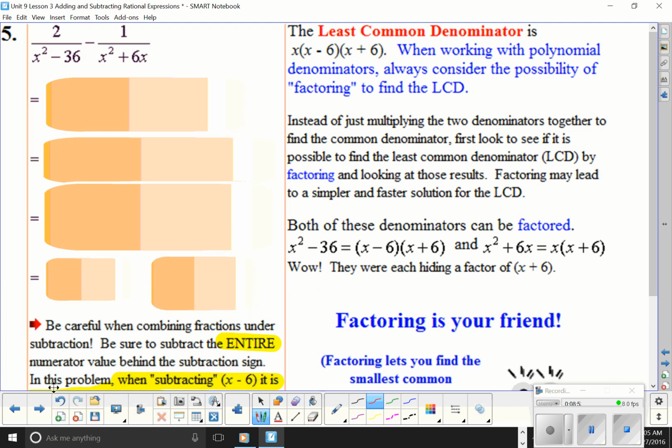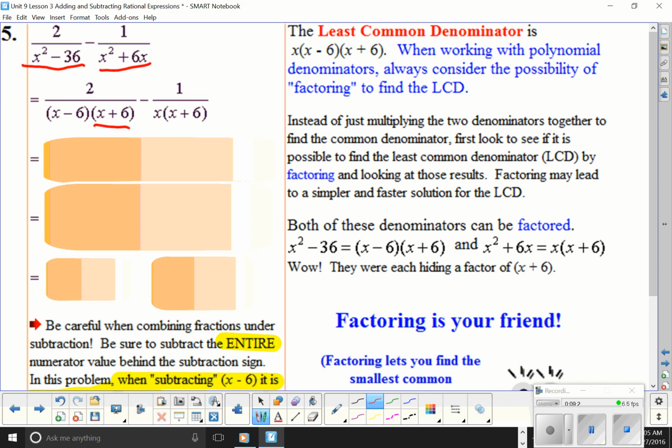Now, here's another one. The least common denominator in this case is x minus 6, x plus 6. How did I figure that out? Well, this right here is a difference of squares. Right here, I've got a greatest common factor. So when I worked those out, I had x minus 6, x plus 6, x plus 6.